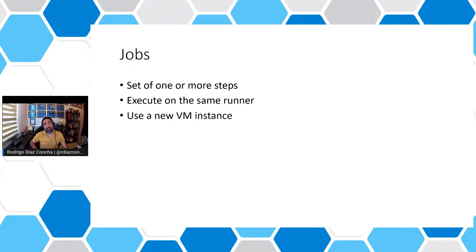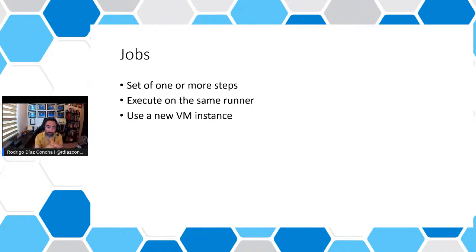Okay, so another important concept around this is that every time you reach a job inside your workflow, a new VM instance will be executed. So you'll have an entire clean environment to run your different actions.